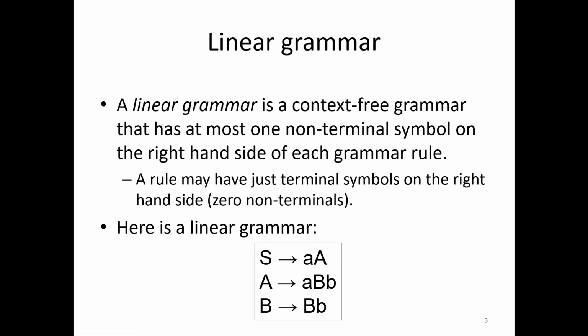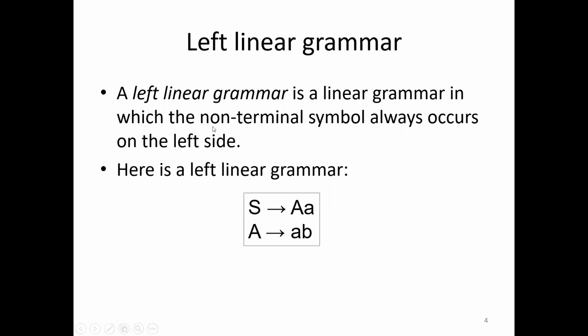Now this linear grammar, as I said, has two types: left linear grammar and right linear grammar. In case of left linear grammar, the non-terminal is the first symbol on the right-hand side of the production. If you see this example here, we have two production rules.